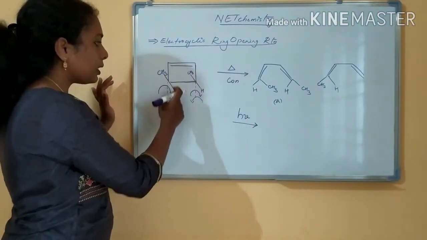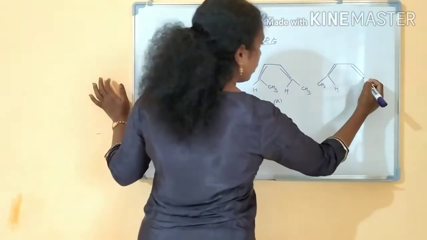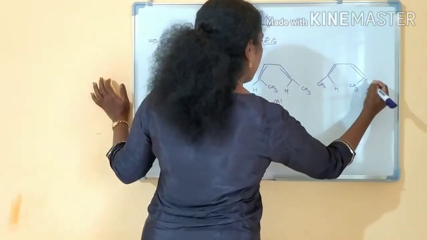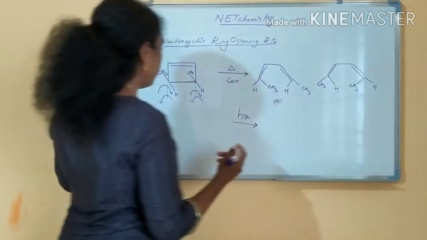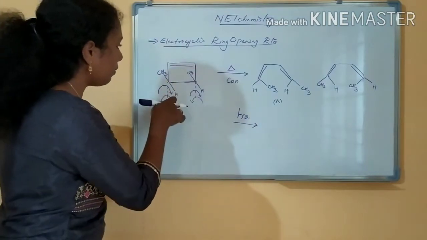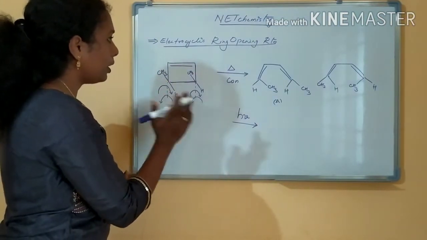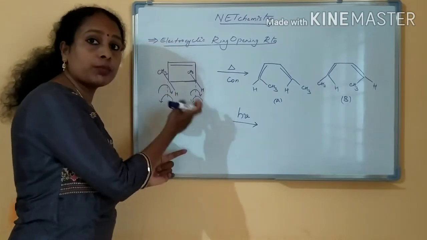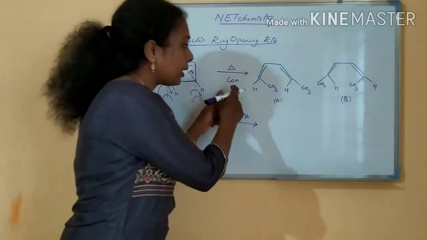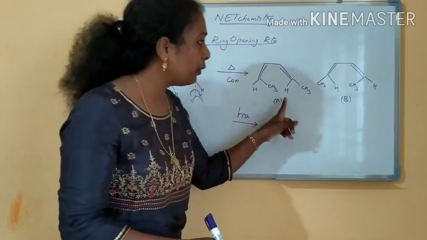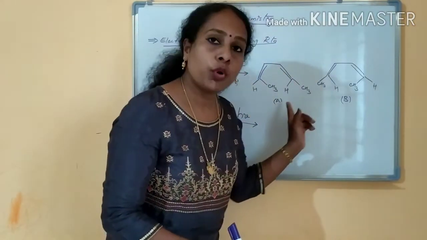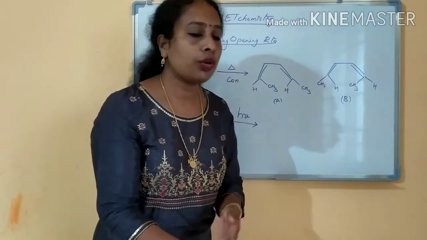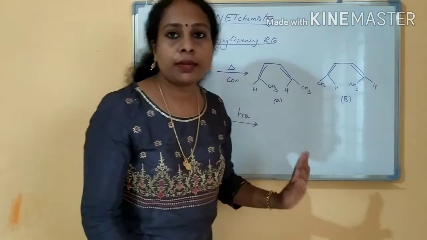Then this CH3 will come inside and hydrogen will go out, right? Yes, CH3 will come inside, hydrogen will go out. So both bonds rotate clockwise, both bonds rotate anti-clockwise. Under thermal condition, conrotation will give you the same product, right? Both clockwise and both anti-clockwise, you get the same product.